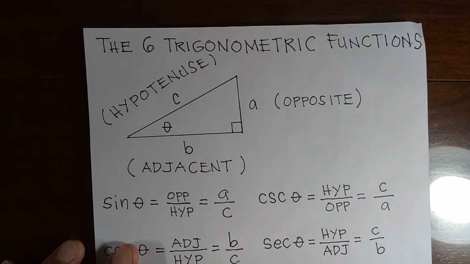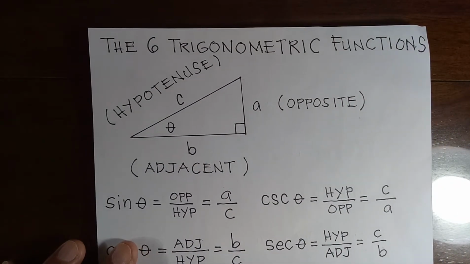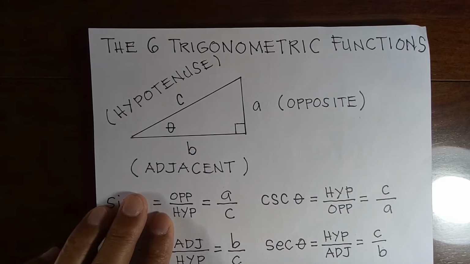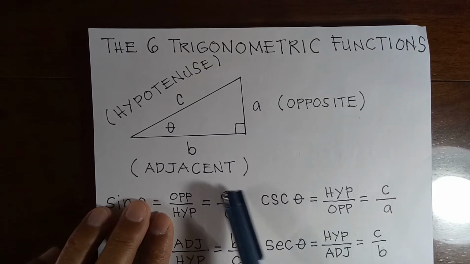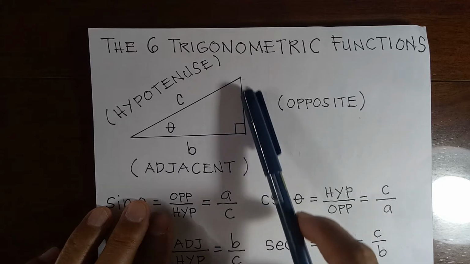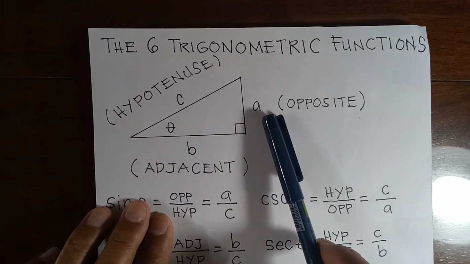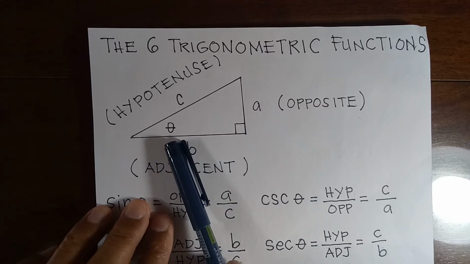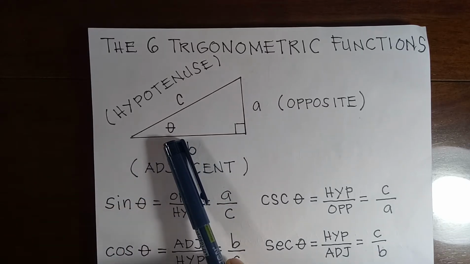Okay, so bago tayo magbigay ng example, mag-review muna tayo ng ating trigonometry, no? Review natin yung 6 trigonometric functions, no? So, consider natin yung right triangle whose sides are A, B, and C. And then let us consider this angle equal to angle theta.